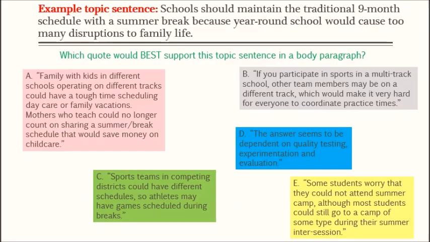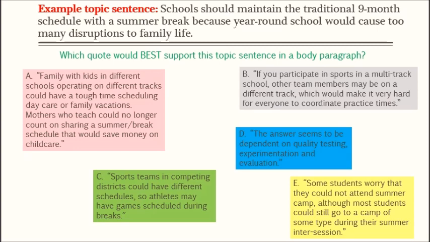Now, if you look over these possible quotes right here, the question is, should schools maintain a traditional 9-month schedule with a summer break because year-round school would cause too many disruptions to family life?